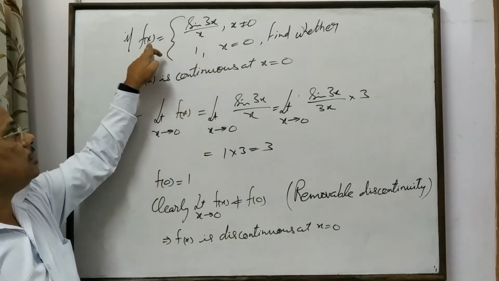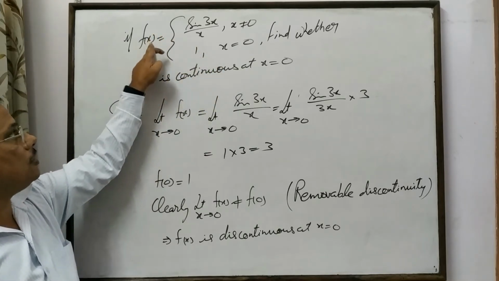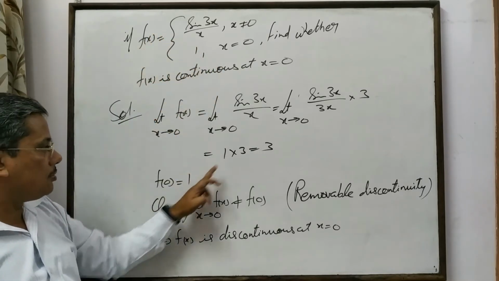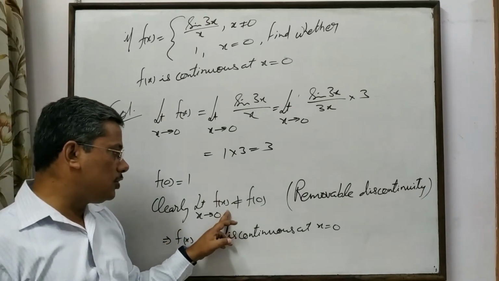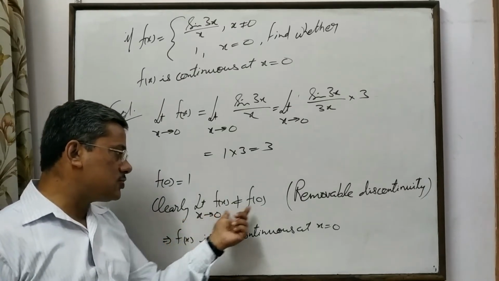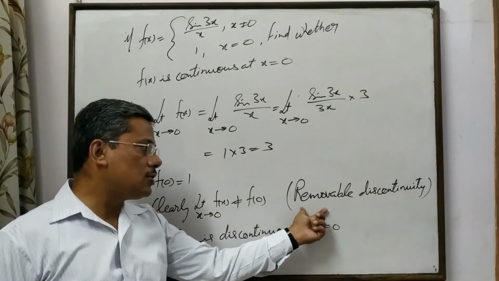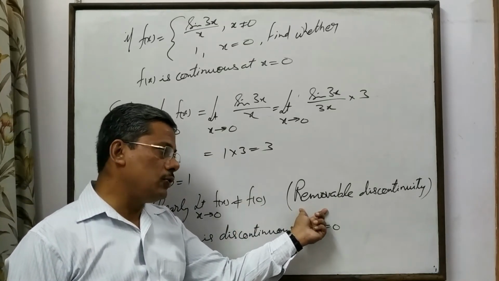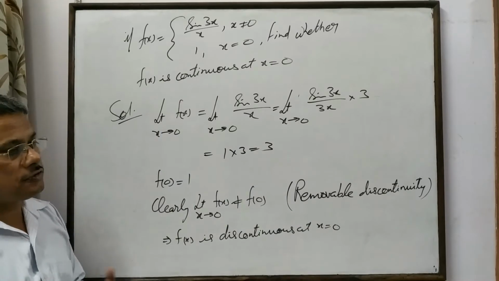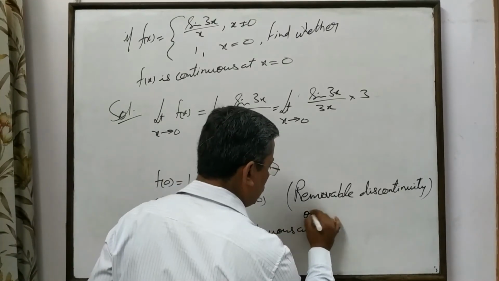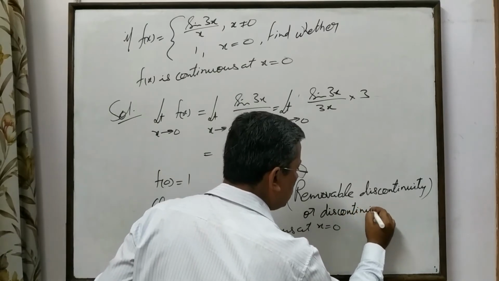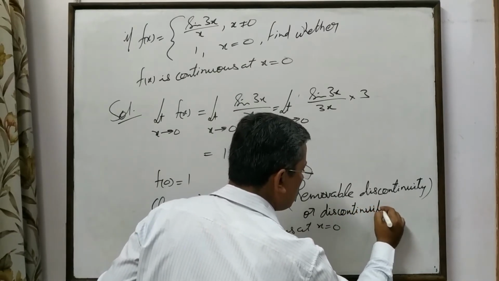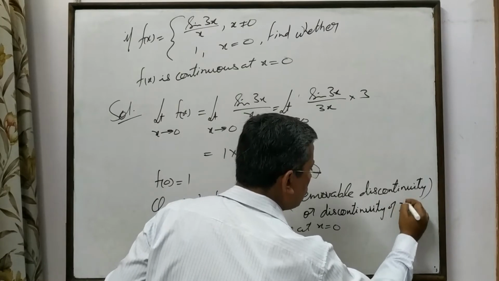If we define at x is equal to 0 the value of function to be 3, then they become equal and function becomes continuous. So that kind of discontinuity where limit exists but it is not equal to the value of function is called removable discontinuity or discontinuity of first kind.